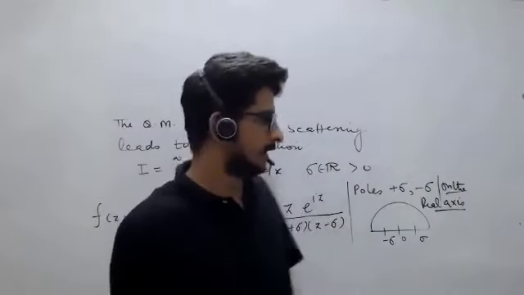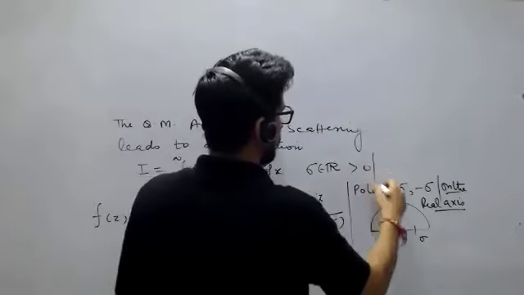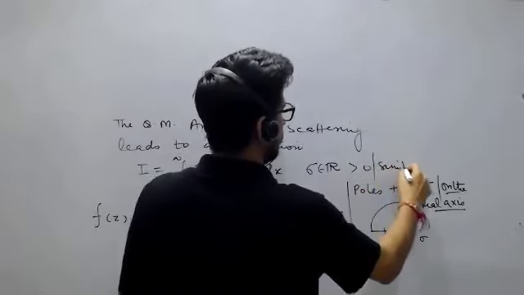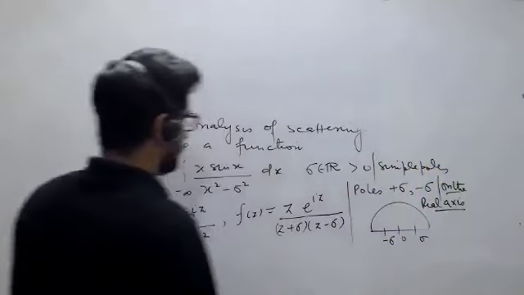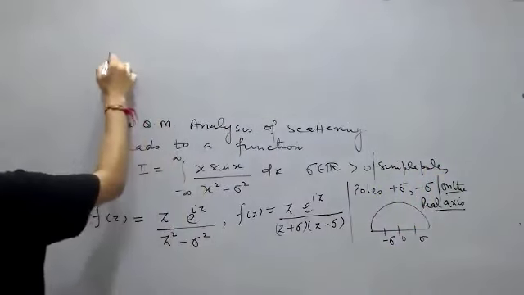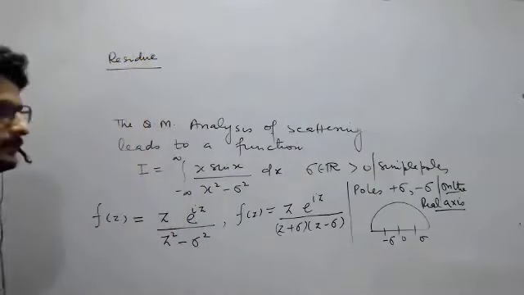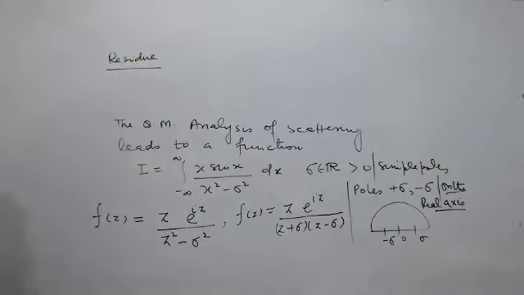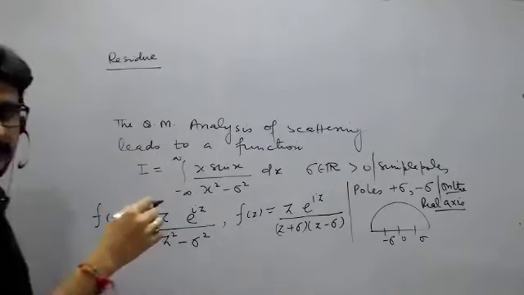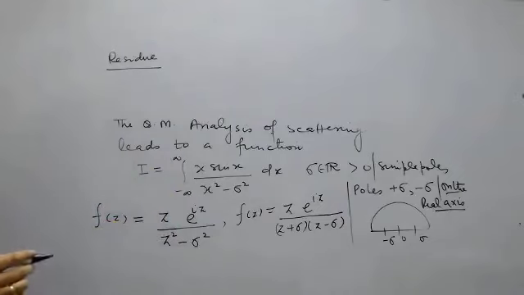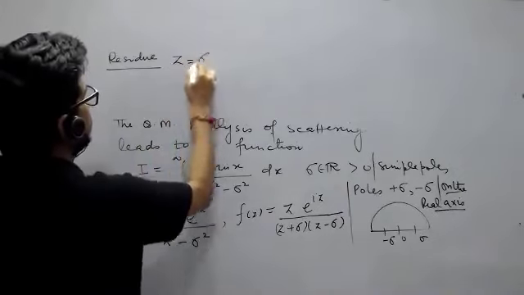Yes, sir. So both are simple poles. You can see both are simple poles. Okay. So calculate the residue. Let us calculate the residue for z is equal to sigma, let's say.